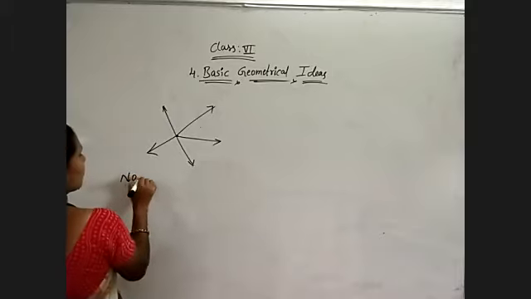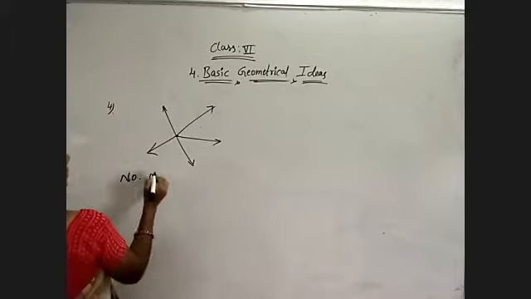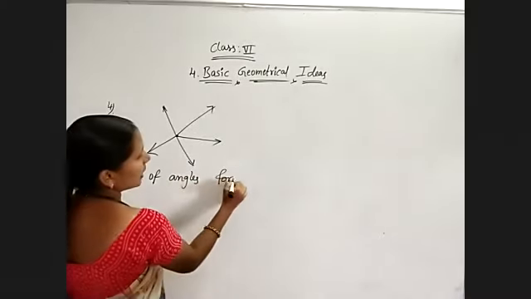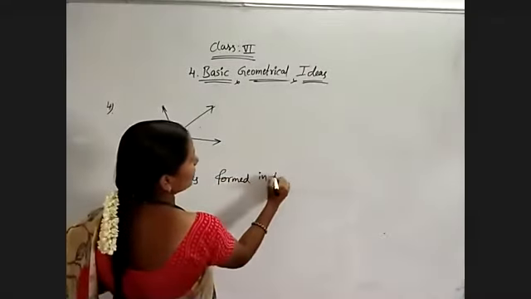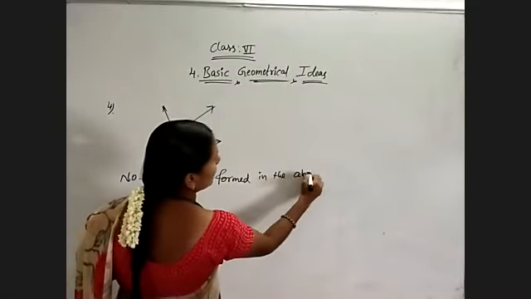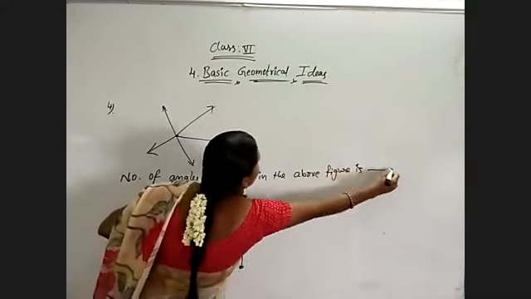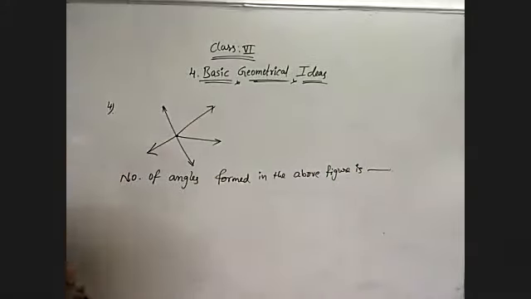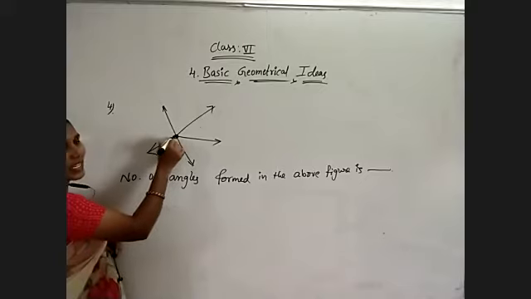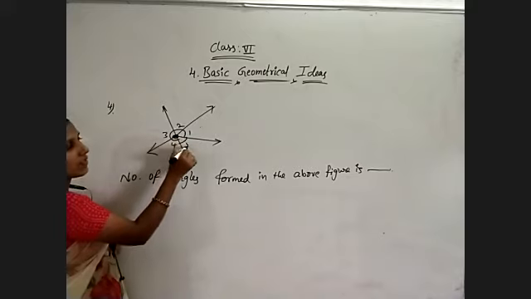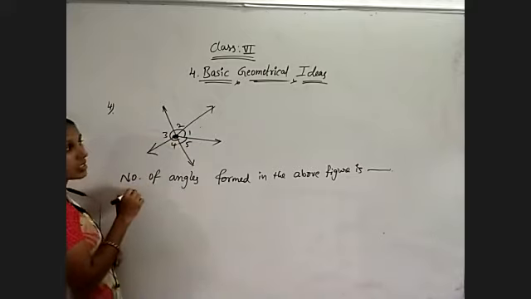Number of angles formed in the above figure is dash. See, just observe here. How many angles are forming here? 1, 2, 3, 4, 5. That's it. Only 5 angles.